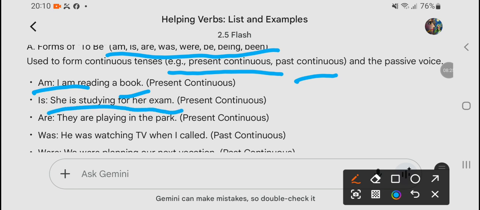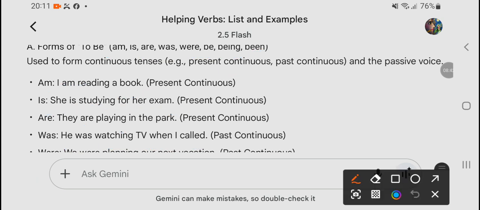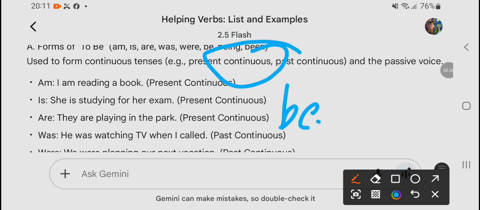She is studying for her exam. Then present tense, they are playing and he was watching TV when I called. So for continuous tense, you just remember be form is used for continuous tense.